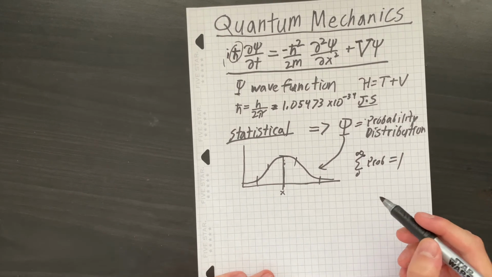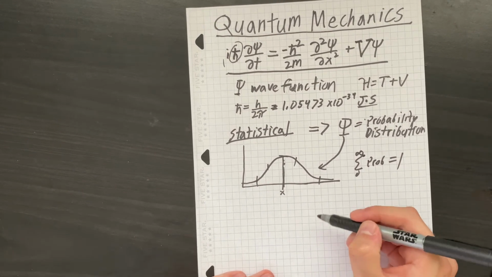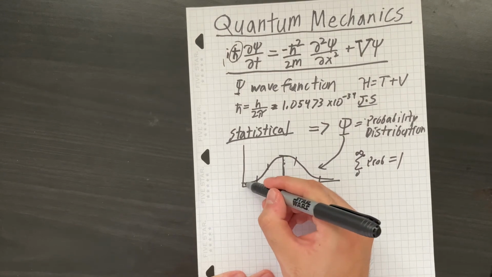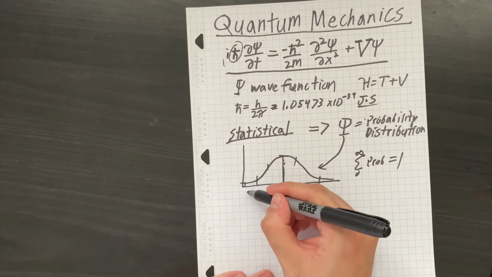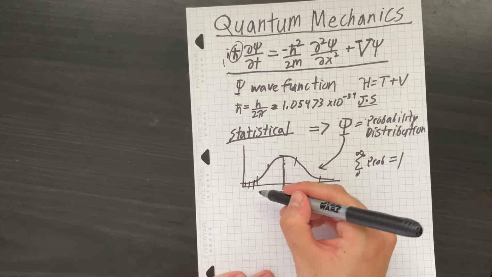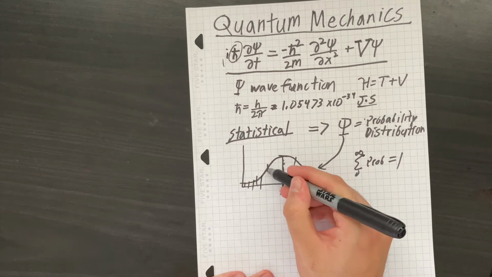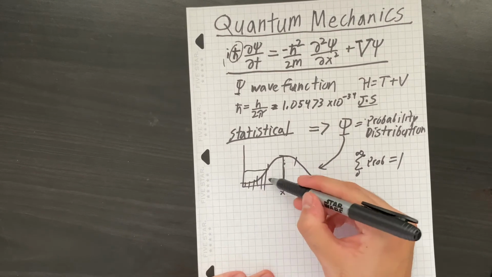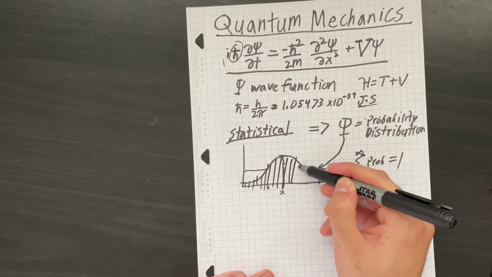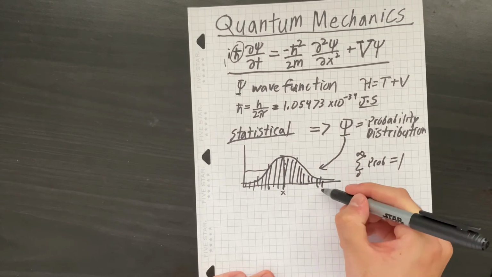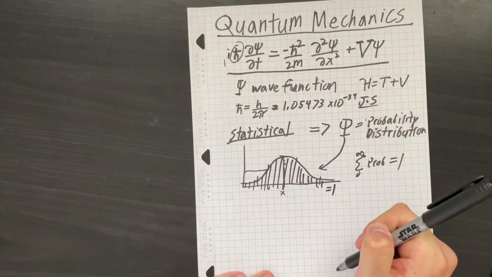So another way of thinking of that is taking this distribution and adding the probability here, adding the probability here, probability here, and basically just taking all this and setting it equal to 1.